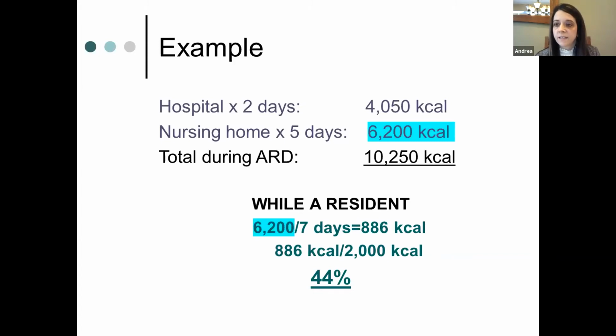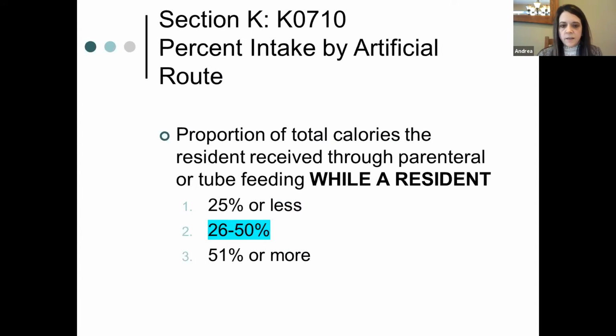We know his estimated needs were 2,000, so he received 44% of his calories through the tube feeding while a resident. So on the MDS, we would code a 2 there, as 26 to 50% of his calories came from that tube feeding.